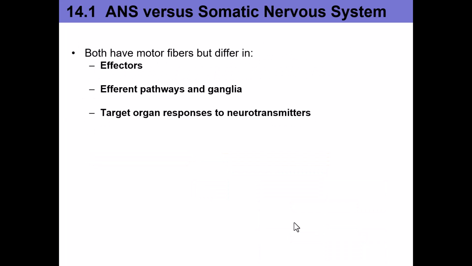So other things that are different between the autonomic nervous system and the somatic nervous system, beyond just which effectors they're talking to, are the types of pathways that have to be taken to get that motor information to those effectors, and how those effectors, meaning target organs, respond to different neurotransmitters. Are they being excited or not?